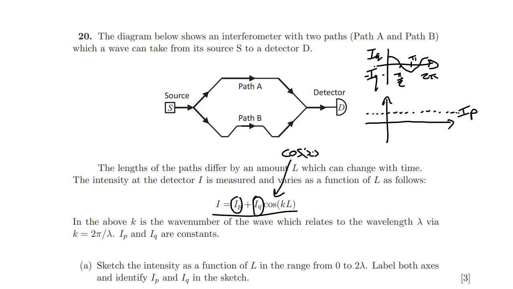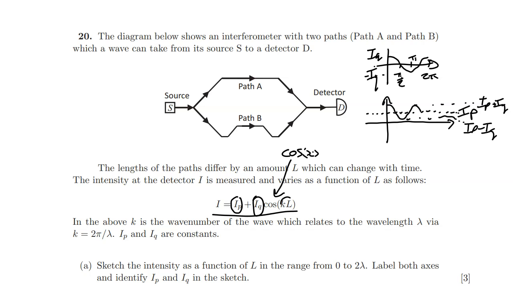So it looks something like this, where now we've got minima and maxima that are IP minus IQ and IP plus IQ. Okay, so that's the y stuff sorted out.